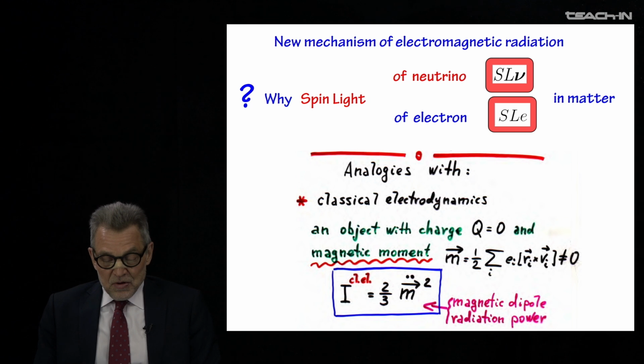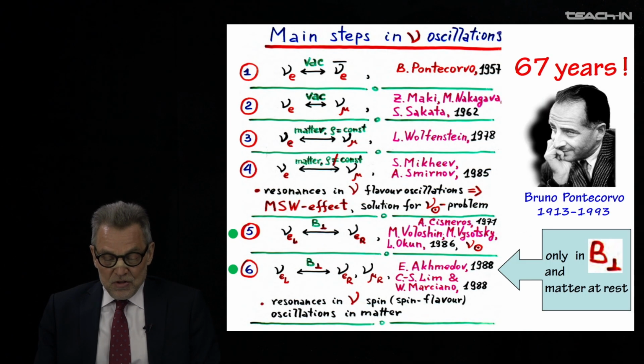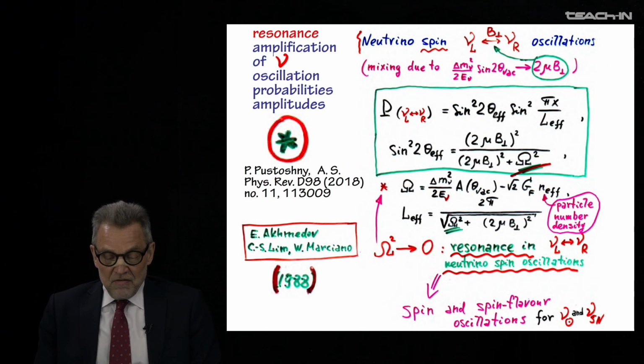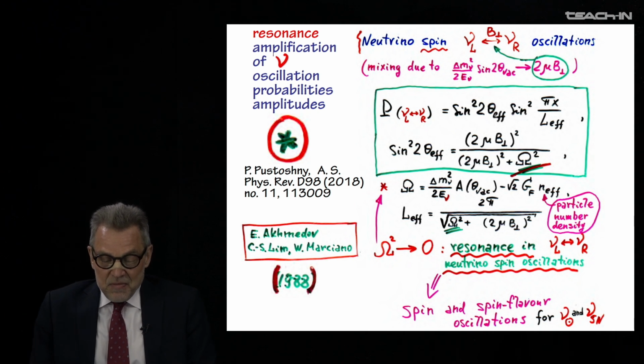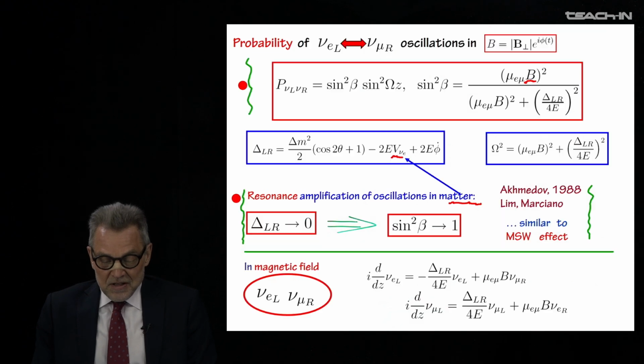The question addressed to me was whether a photon is emitted during the process of neutrino spin or spin flavor oscillations. Well, of course, in such a derivation there is no room for emission of the photon, but in principle the photons should be emitted somehow.